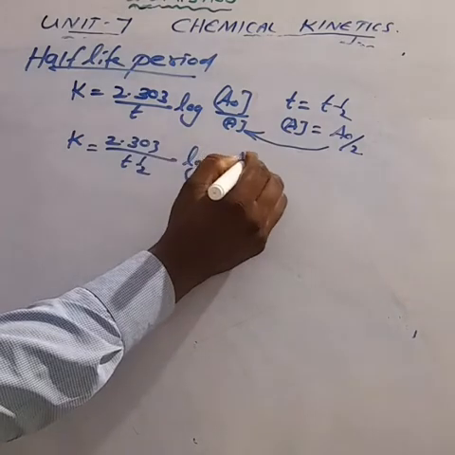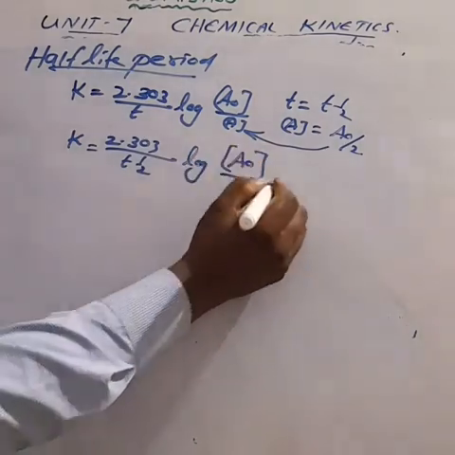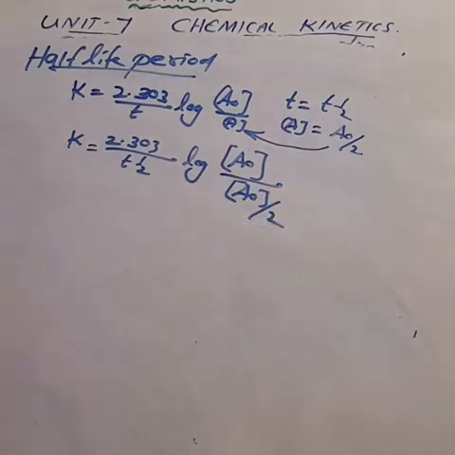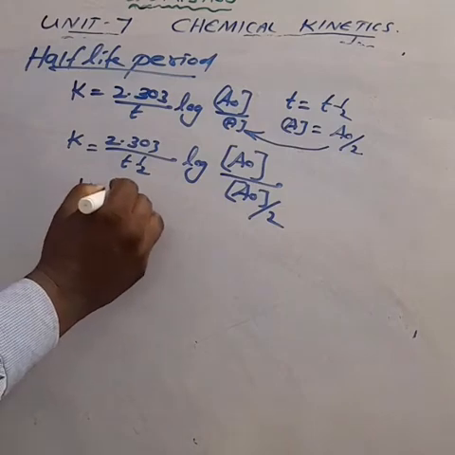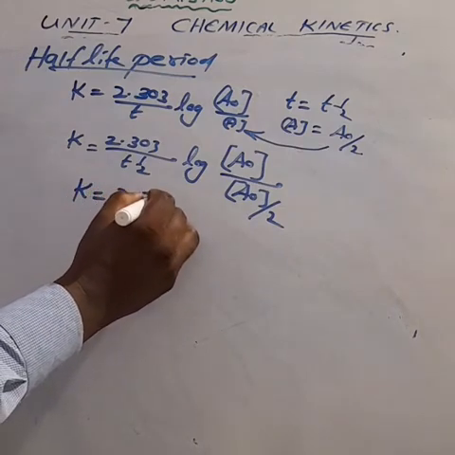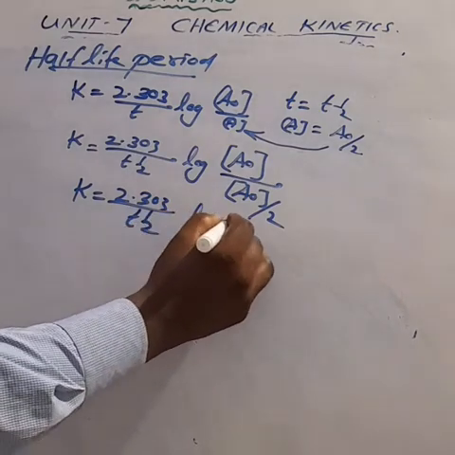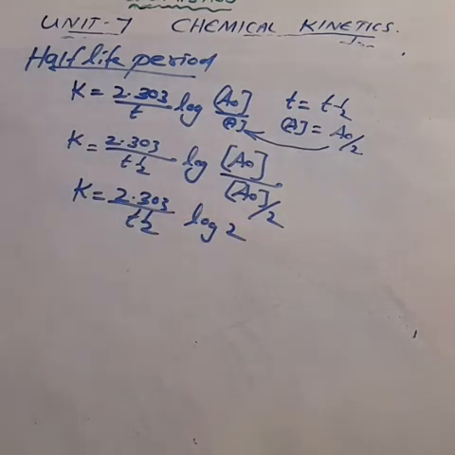Next, log of A naught divided by A naught by 2. So next step, K is equal to 2.303 divided by T half log 2. So now we can take log 2, am I right?